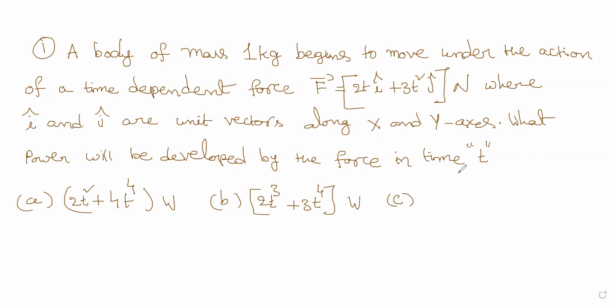Option C is 2t cube plus 3t power 5 watts, and option D is 2t plus 3t cube watts. These are the options. Once you write it, I will explain how to handle this.